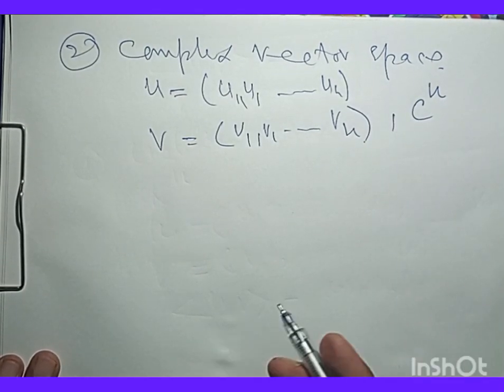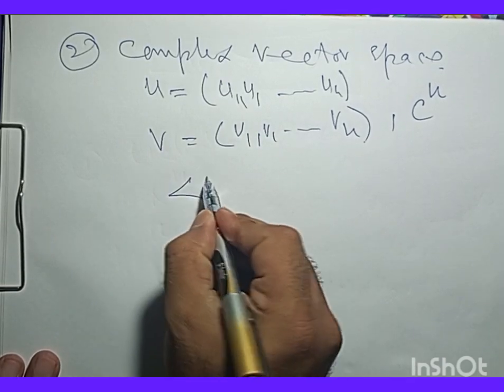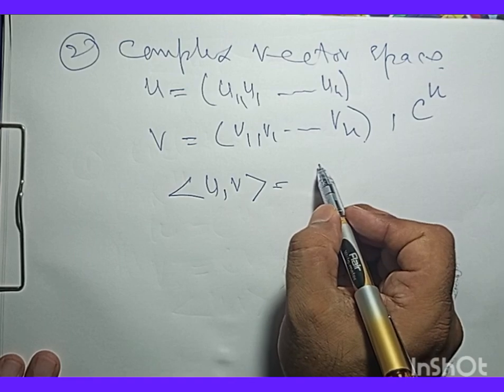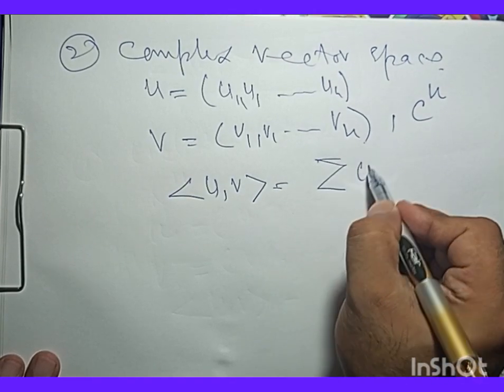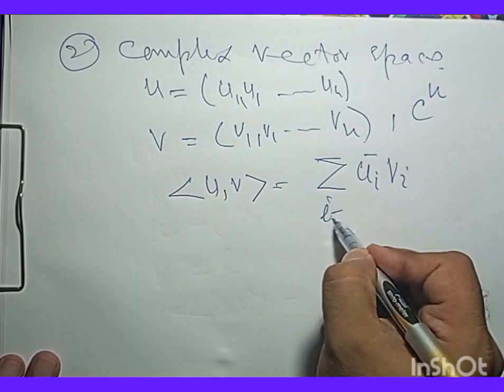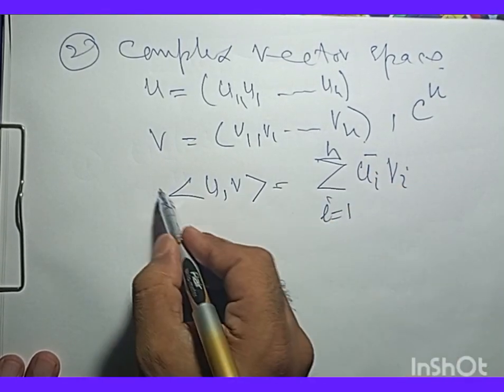Now in this case the inner product of u and v is the summation of ui bar vi, where i runs from 1 to n.